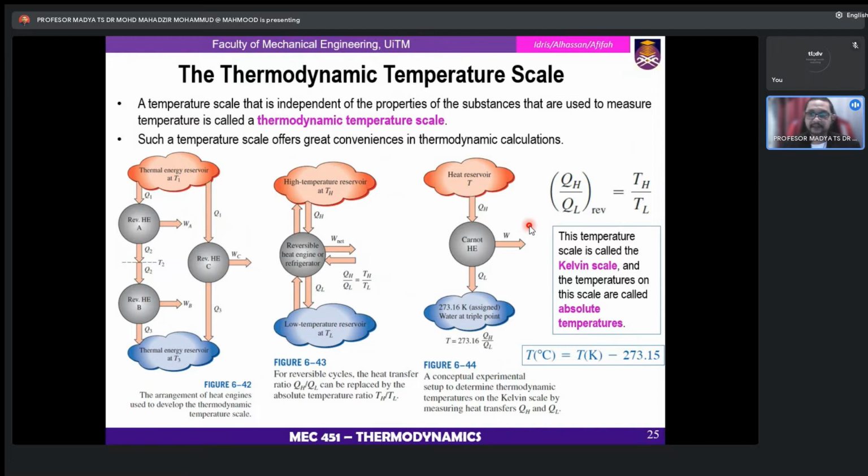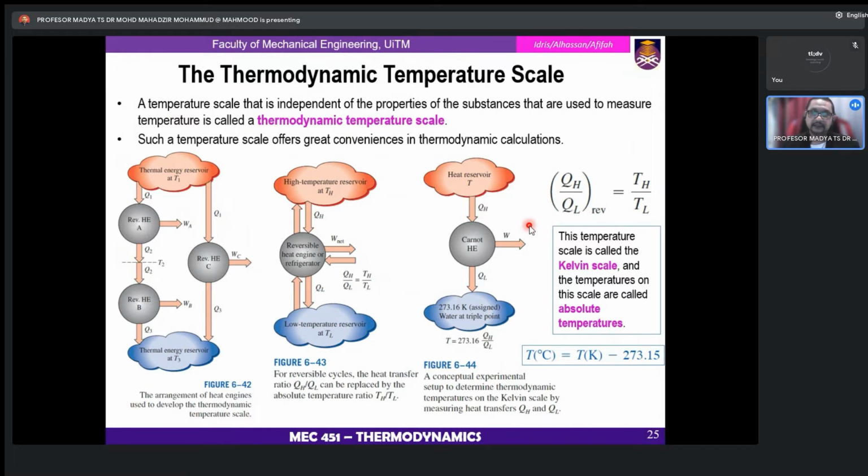The temperature scale we use is the Kelvin scale, and the temperatures on this scale are called absolute temperatures.